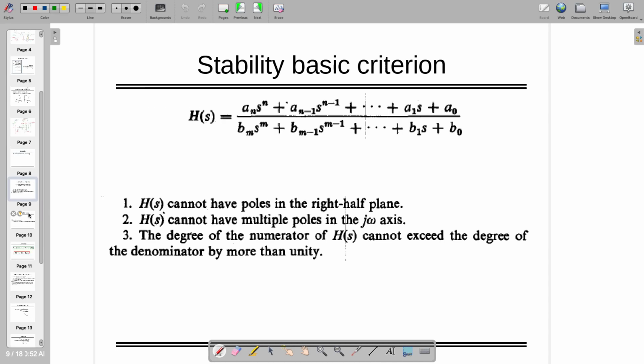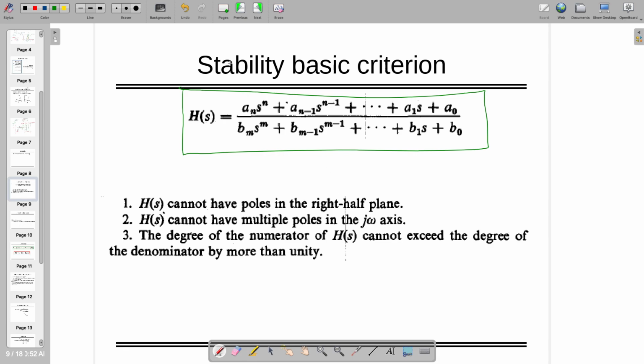Okay, there is one more thing which is already known to us. I'm not looking into poles and zeros. You know what poles, zeros, DC gain are, all these things are known to you. If you have a transfer function written in the Laplace domain, then H(s) cannot have poles in the right half plane.